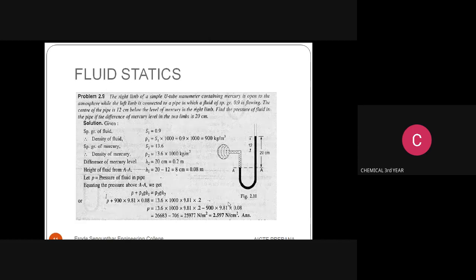The center of the pipe is 12 centimeter below the level of the mercury in the right limb. Find the pressure of the fluid in the pipe if the distance of mercury level in the two limbs is 20 centimeter.